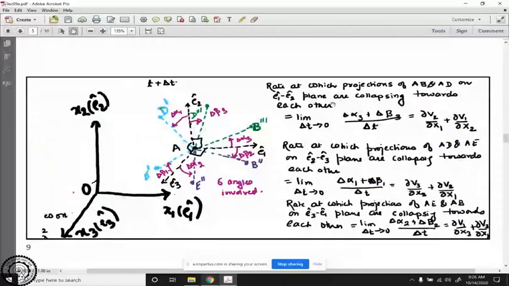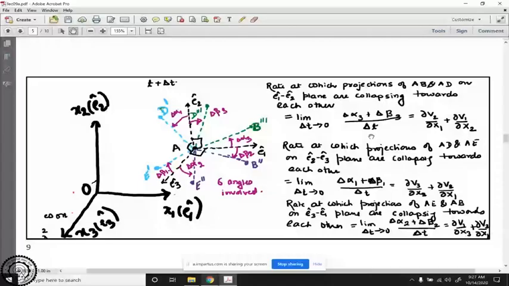Effectively, I'm asking the rate at which AB triple prime and AD triple prime are collapsing towards each other. Based on the angle notation, that should be the limiting value, delta t going to 0, of delta alpha 3 plus delta beta 3 divided by delta t.